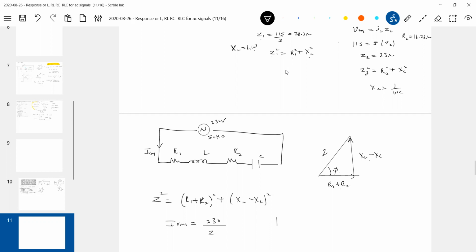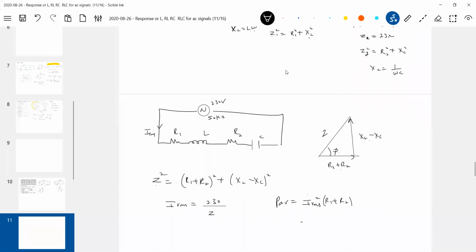Then power consumed. So who will consume power? IRMS square into R1 plus R2 only, no? Or else, this can also be written as VRMS into IRMS into cos phi. And what is cos phi?